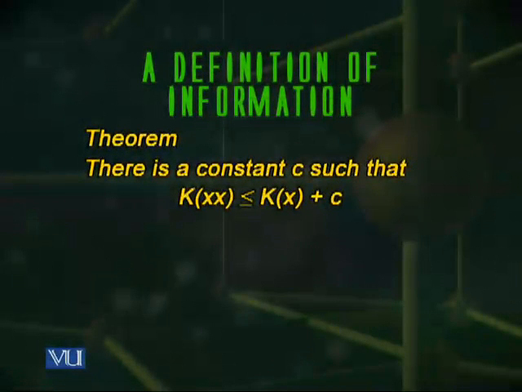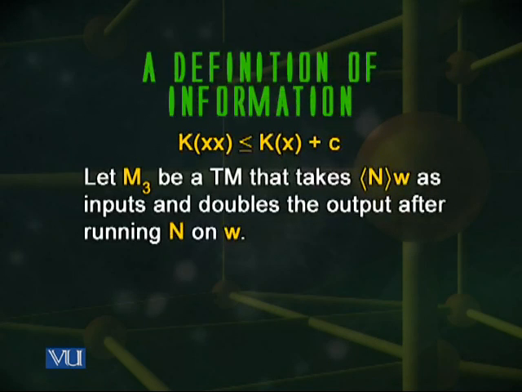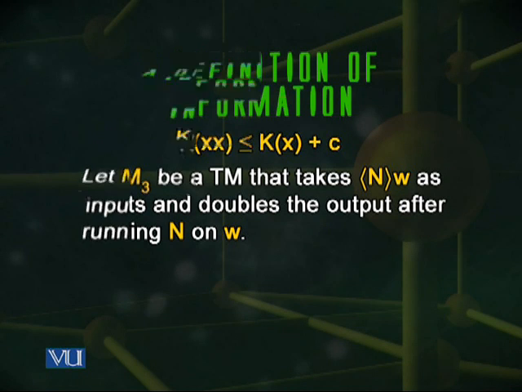So the theorem we want to prove is: there is a constant c such that the descriptive complexity of xx is less than or equal to the descriptive complexity of x plus c. Let M be a Turing machine that takes as input a Turing machine n followed by w, and it doubles the output after running n on w.